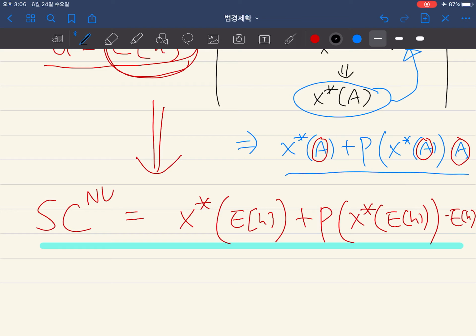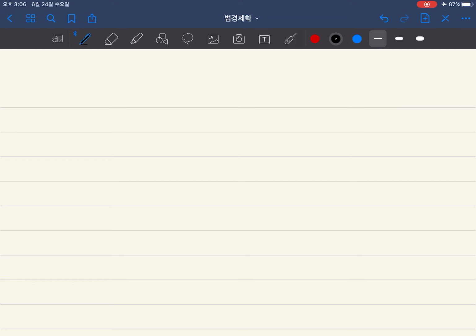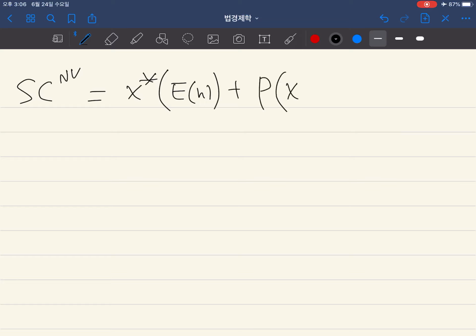So now we want to compare these two expressions. Social cost under no verification is this expression.